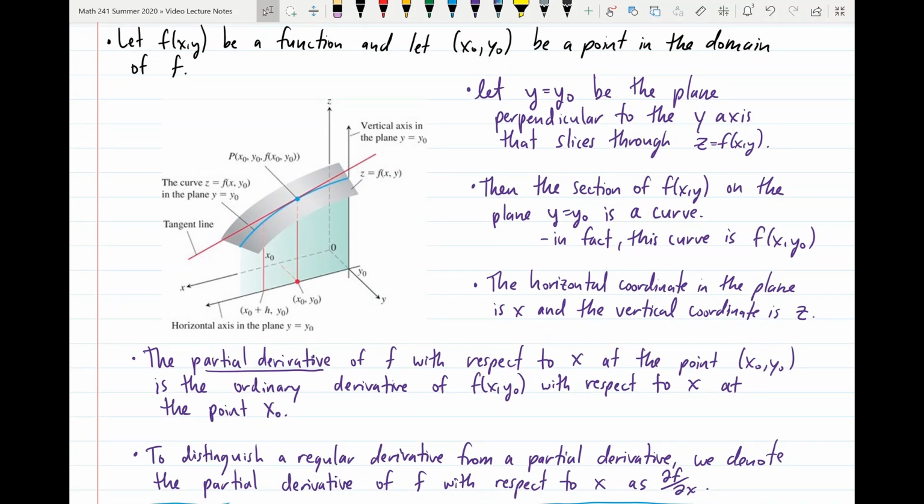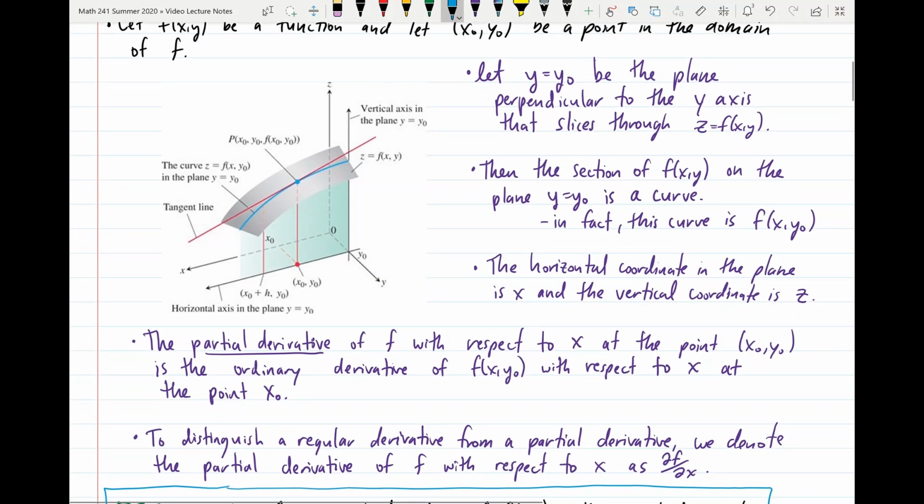And then the section of f of x y that's on the plane y equals y naught is a curve. So if we think about what happens to our three-dimensional graph of our function when we cut it with a plane, there's going to be an image that is kind of traced out onto the plane where our function and the plane intersect. And that image is going to be a curve in the plane.